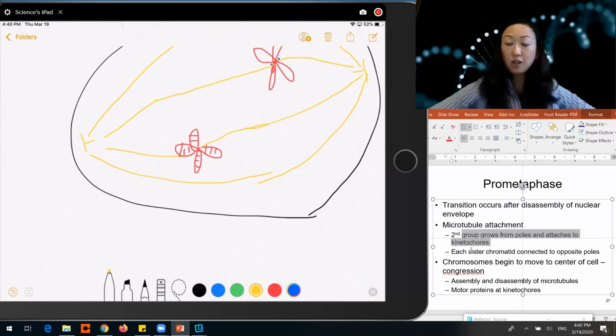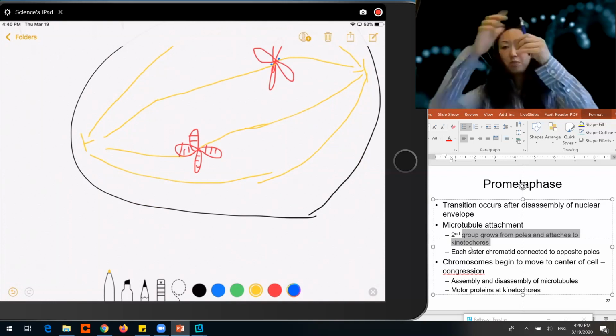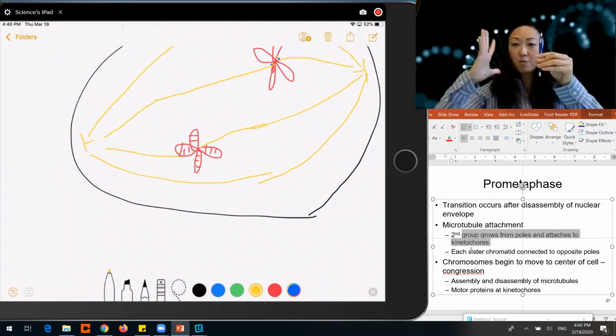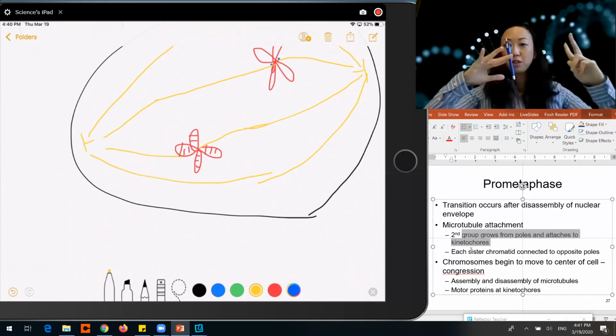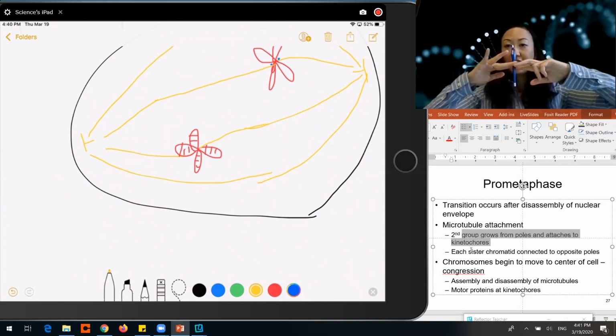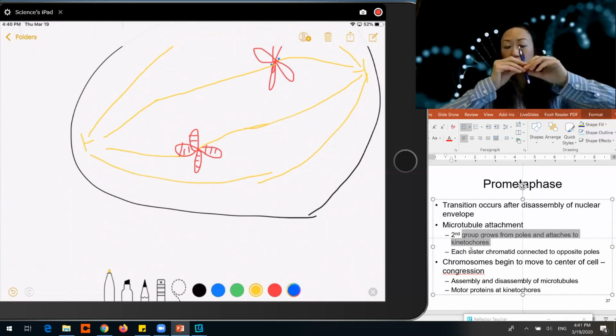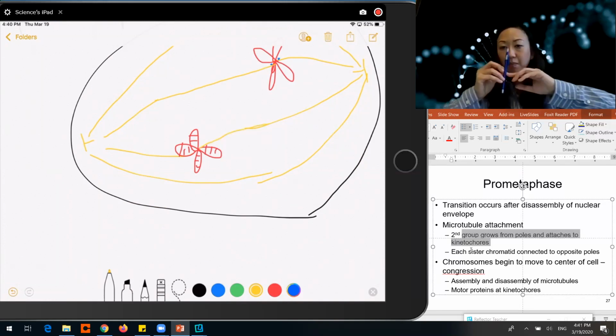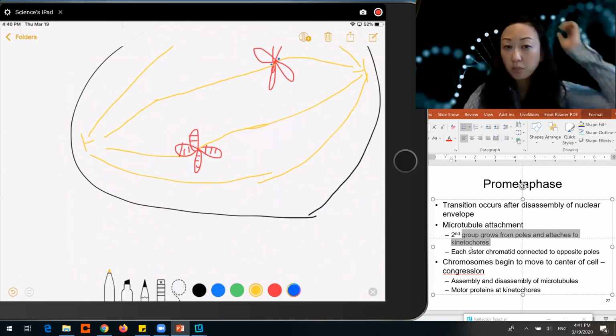Why? Because ultimately, for example, if I am the chromosome, I've got spindle fiber coming out, attached. Spindle fiber on the other side, attached. And then now I can push and pull this thing using my spindle, to do what? To eventually align all the chromosomes in the middle, and we'll talk about why.